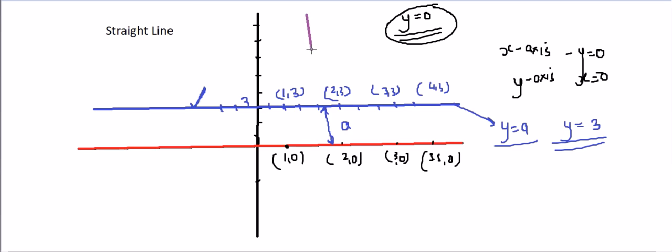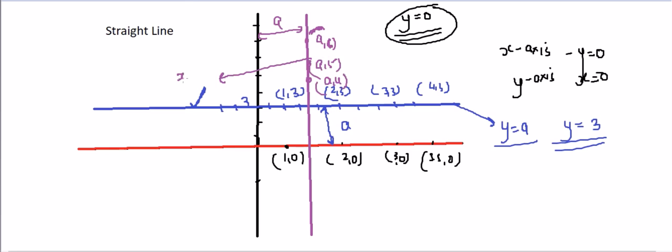So it's parallel to y-axis and at a distance of a. On this line, if the distance is a, the points will be a comma 1, a comma 6, a comma 5, a comma 4. So a remains constant, but y is changing. So if a is constant, the equation will be x equals a.